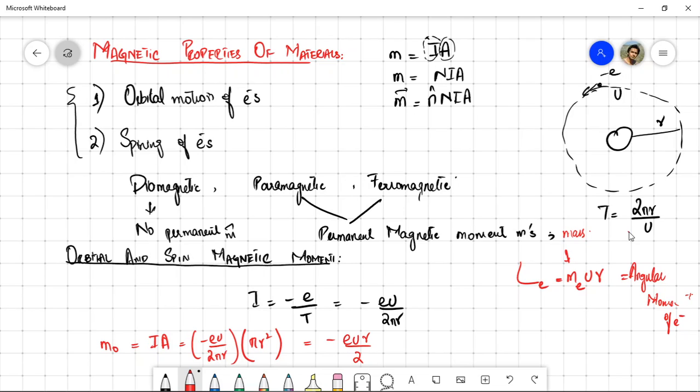To be very specific, the value of Le according to quantum physics, as it is discrete, will always be an integer multiple of this h-type symbol. I can't remember the name of this symbol. If someone knows, please let me know.